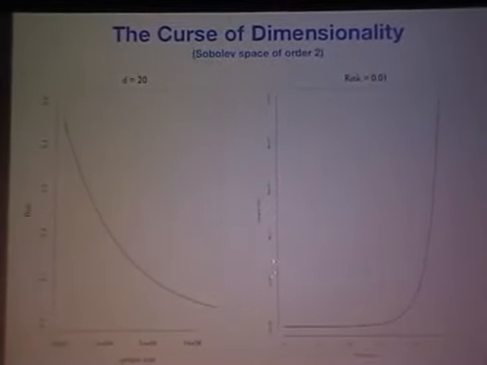So we're looking at sample size as a function of dimension to drive the risk below 0.01. Okay, so we see this exponential growth, which says that in 20 dimensions, theoretically, we would need this huge amount of data in order to get the average error to reasonable levels. Okay, so this is the curse of dimensionality.